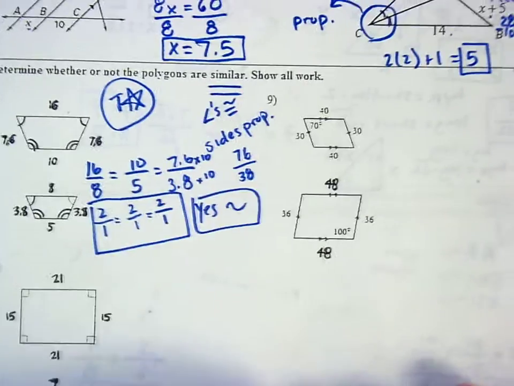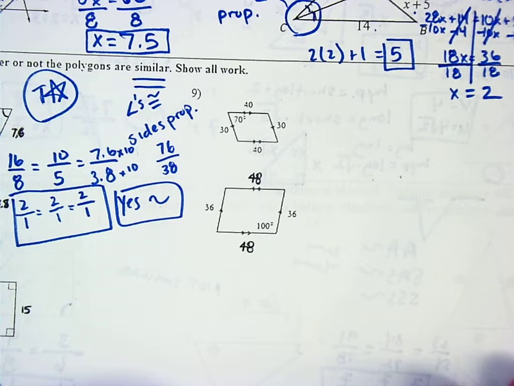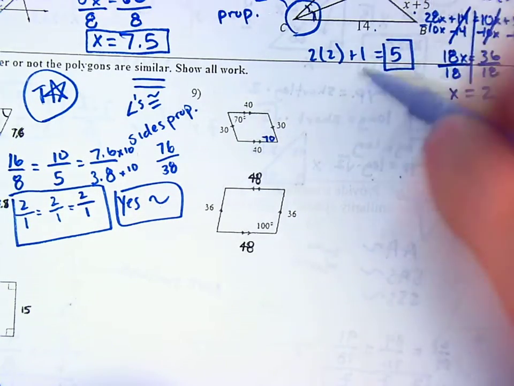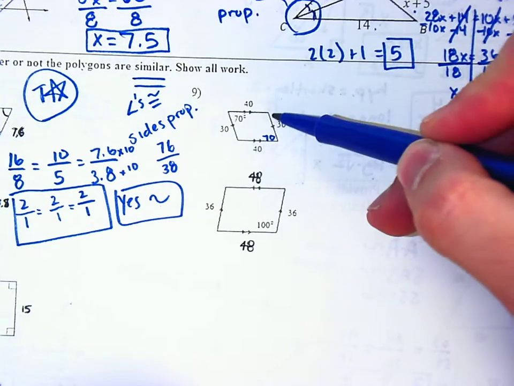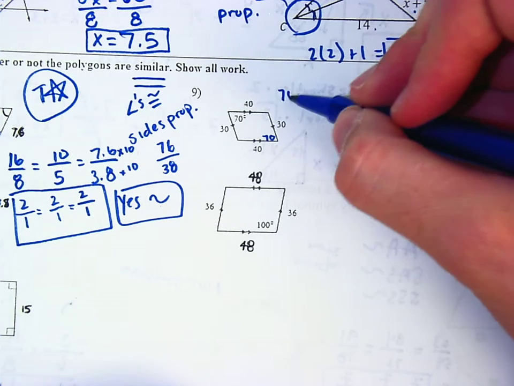Let's look at number 9. We have two parallelograms. Well, we know about parallelograms that their opposite angles are congruent and that their consecutive or adjacent angles are supplementary, or they add up to 180.